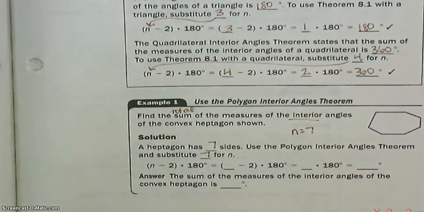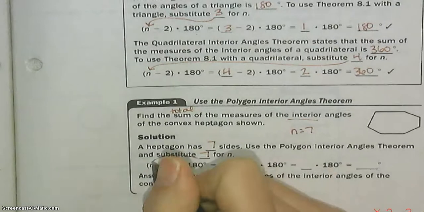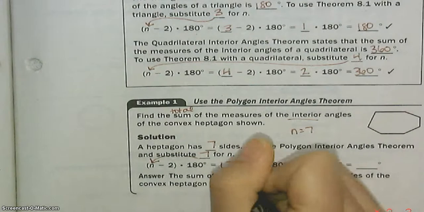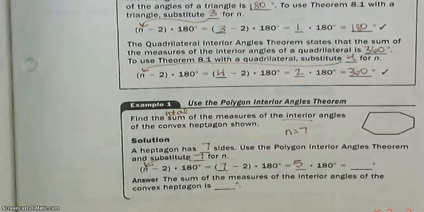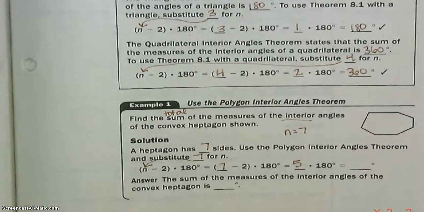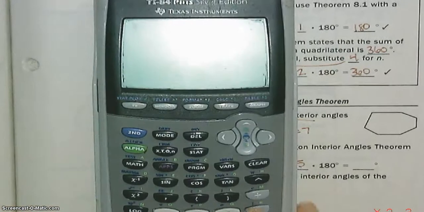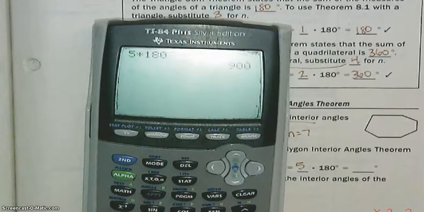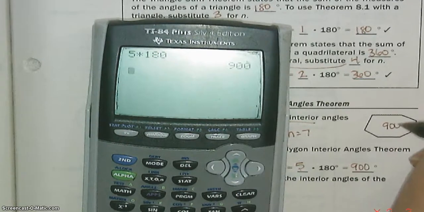We're going to plug it into our equation. 7 minus 2 is 5, and 5 times 180, that's the total number of degrees in a heptagon. So 5 times 180, there's 900 degrees in a heptagon.